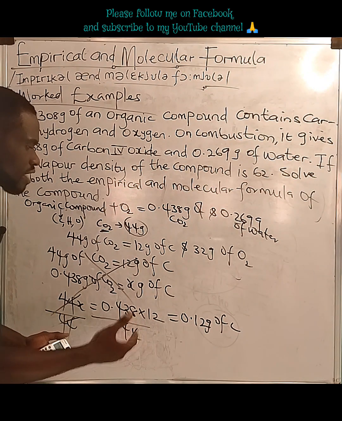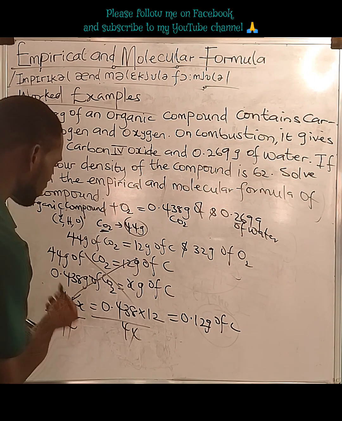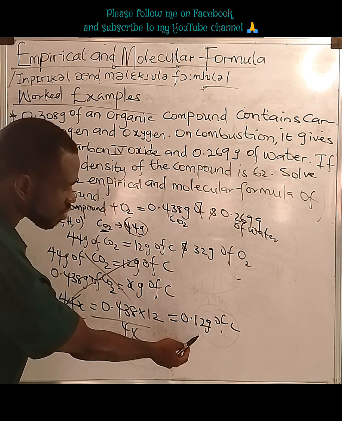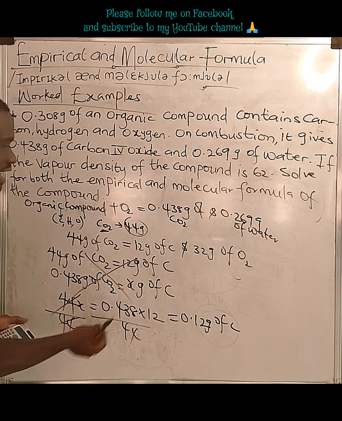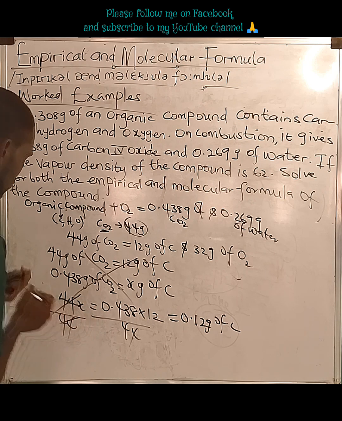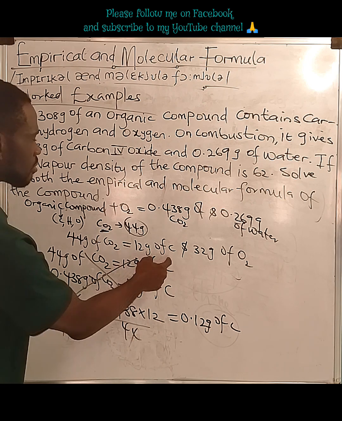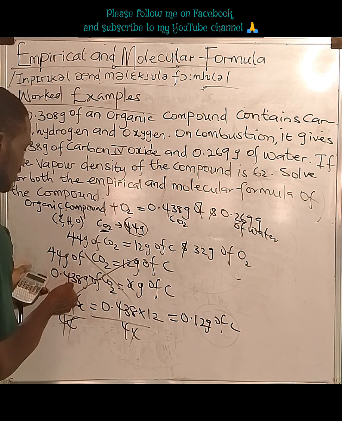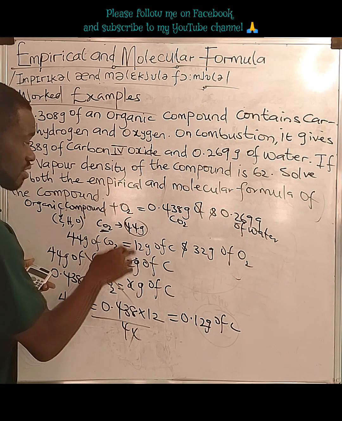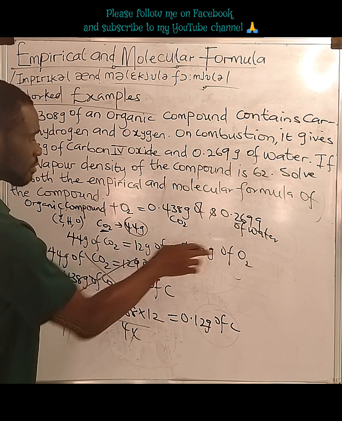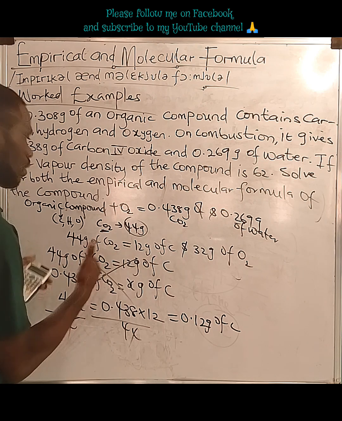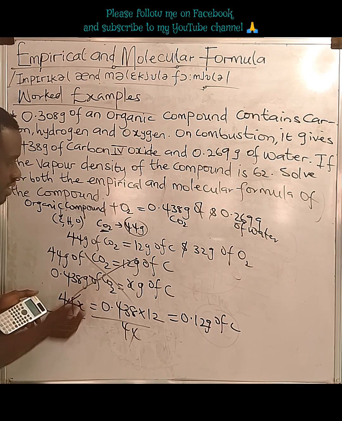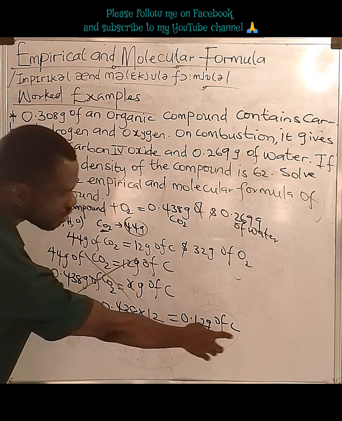So if you have 0.12 gram of carbon, what does it mean? Let us subtract 0.12 gram of carbon from 0.438 gram of carbon dioxide to get the remnant of oxygen. Don't forget that carbon dioxide is made up of 12 gram of carbon and 32 gram of oxygen. So if 44 gram of carbon dioxide naturally contains 12 gram of carbon and 32 gram of oxygen, according to our relative molecular mass, then 0.438 gram of carbon dioxide will contain 0.12 gram of carbon.